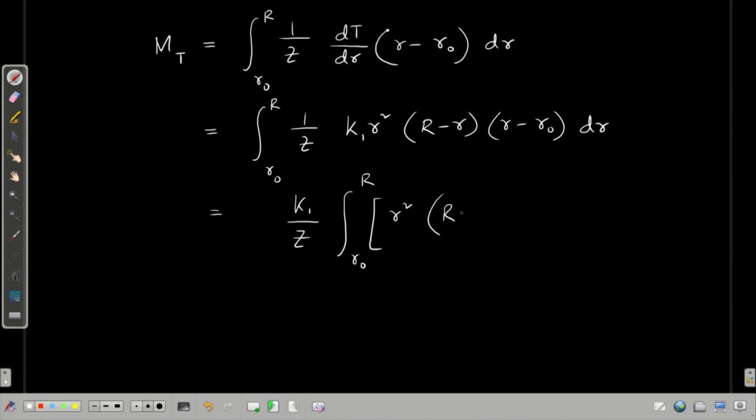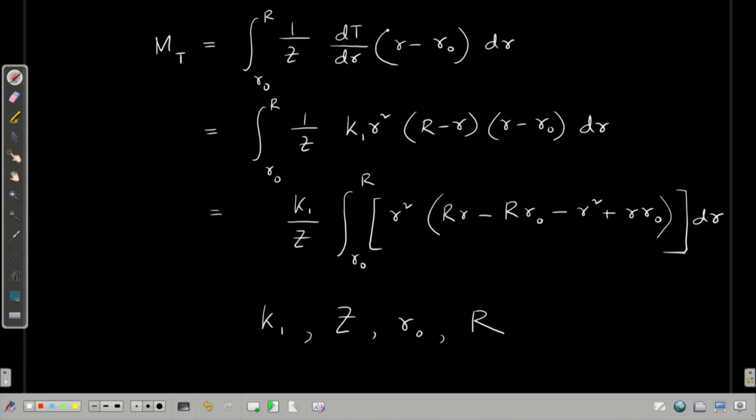So, it will be R minus R0. In a similar way as before, we can express MT as a function of K1, Z, R0 and R after the integration is done.